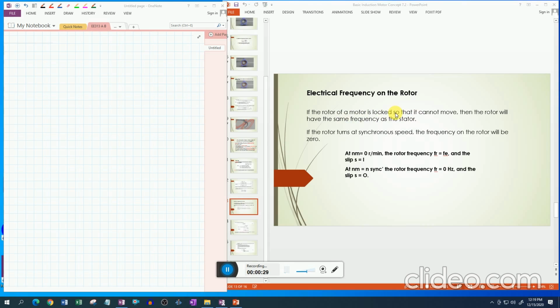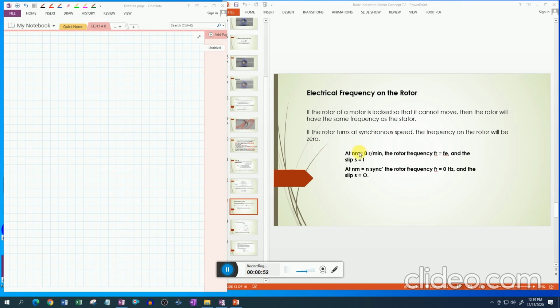In the transformer, the stator frequency is the same as the other winding, the secondary winding. So at this stage it will behave as a transformer. But if the rotor turns at synchronous speed, the frequency on the rotor will be 0. Because the rotor is moving with the synchronous speed, there is no difference, then the frequency of the rotor will be 0.